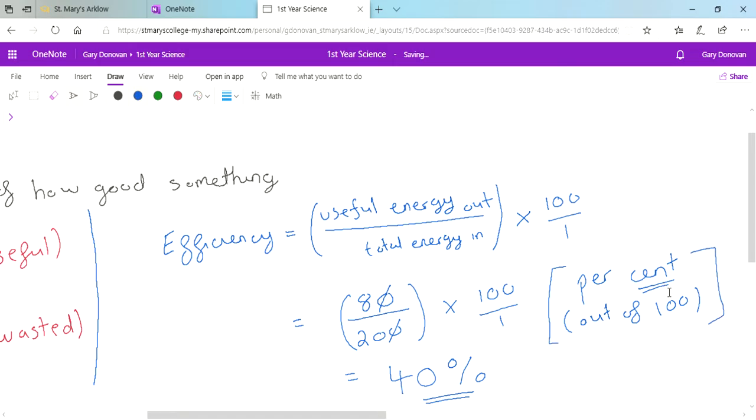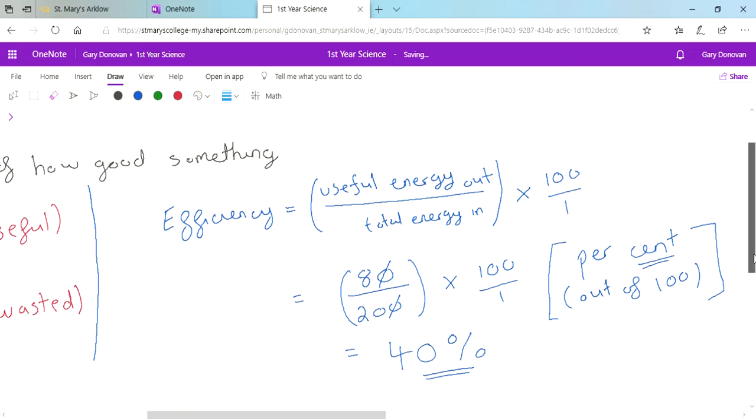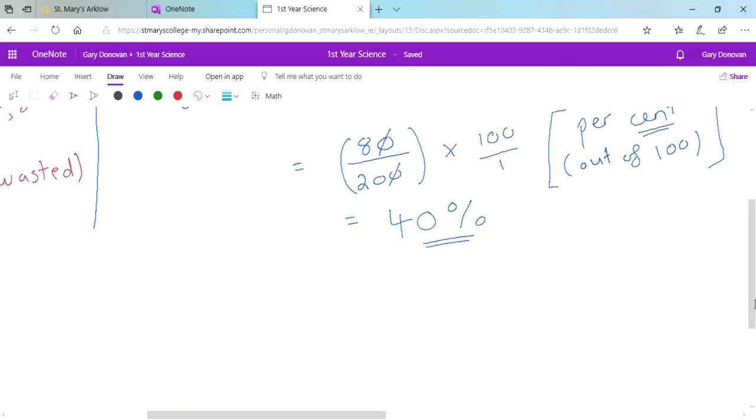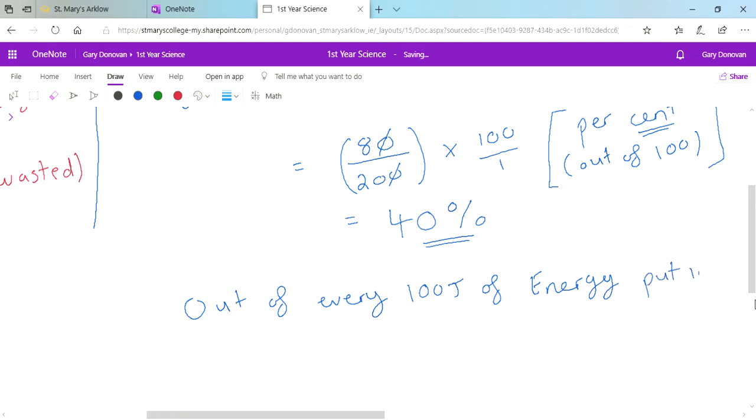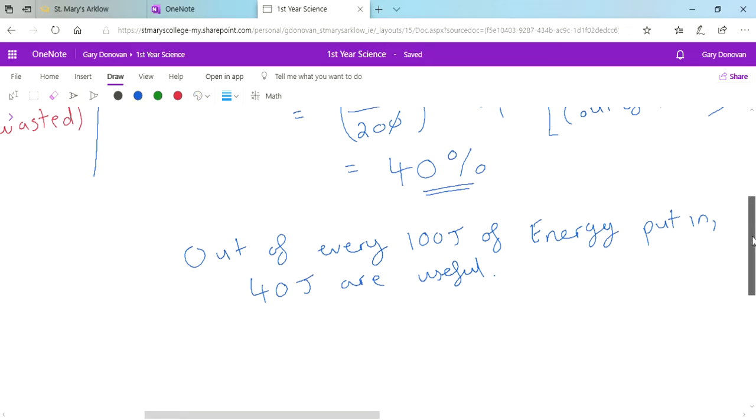So when you see 40%, what it means is that out of every 100 joules of energy put in, 40 joules are useful. That's what percent means. So in this case, 200 joules were put in, so in total 80 joules were useful.